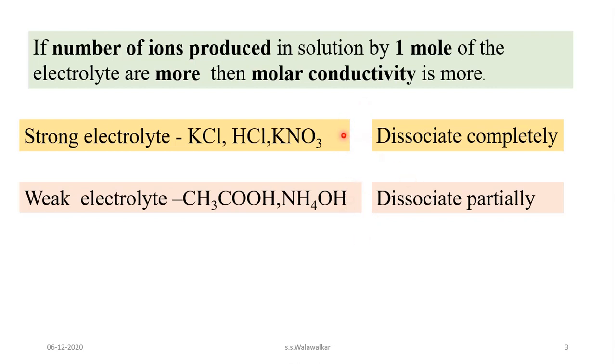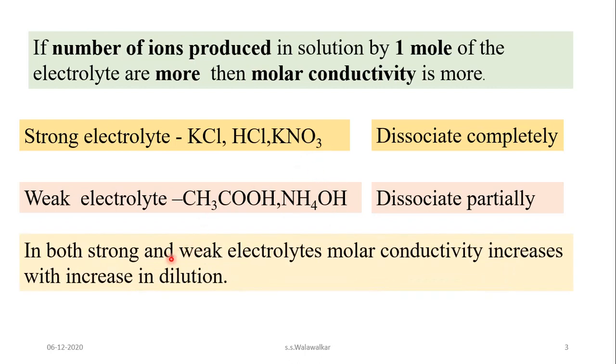But on dilution, if you dilute these two solutions, then the molar conductivity of strong as well as weak electrolyte increases with increase in dilution, that means decrease in concentration.